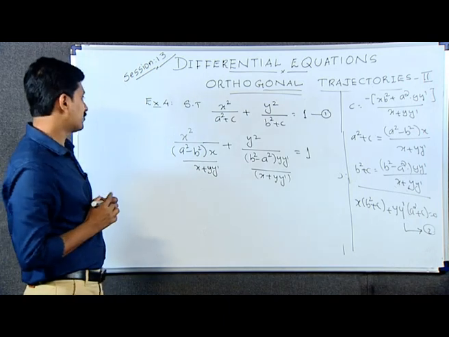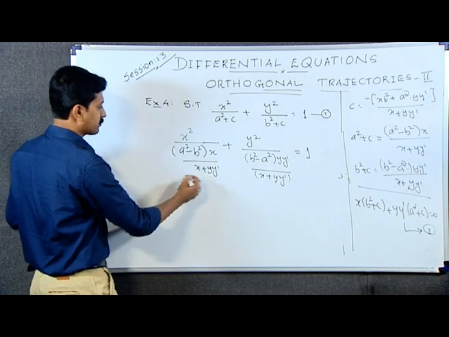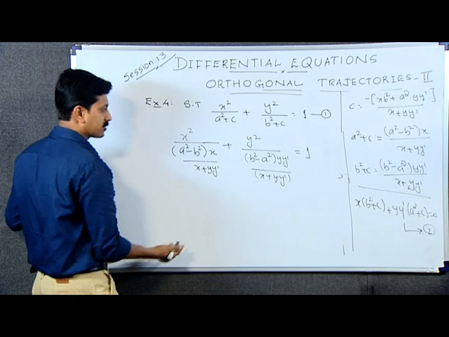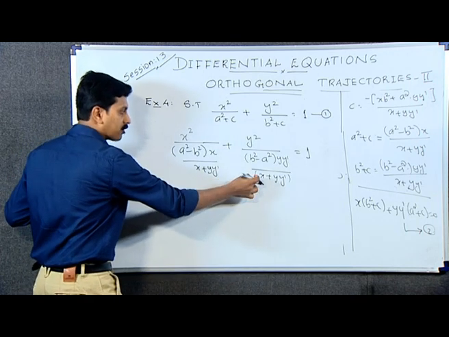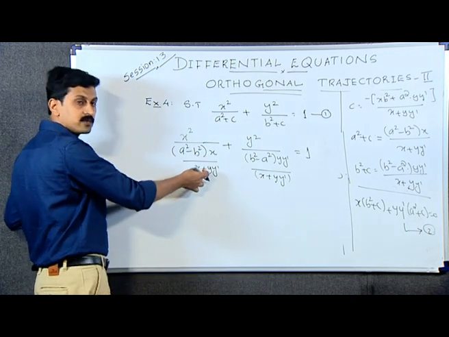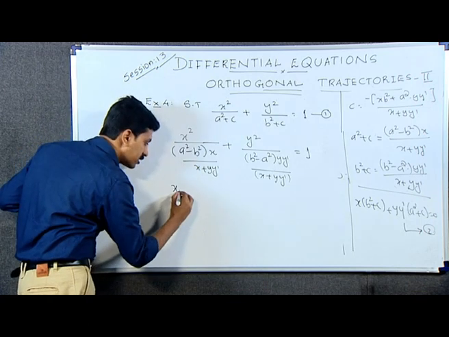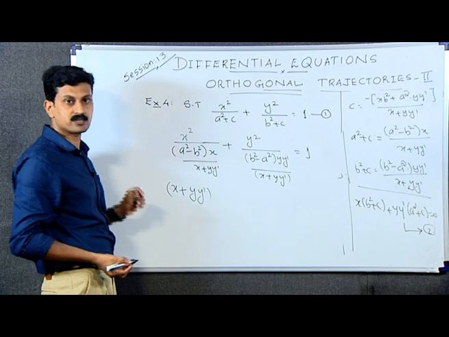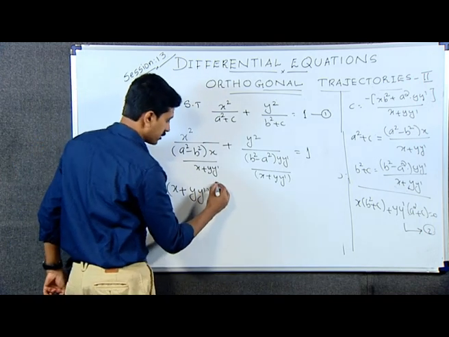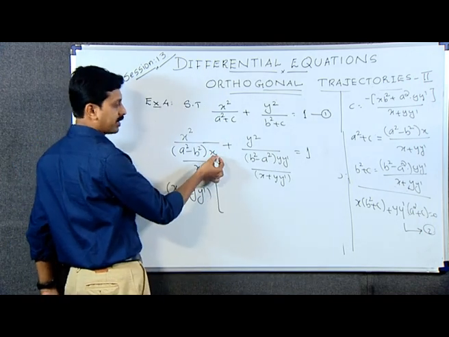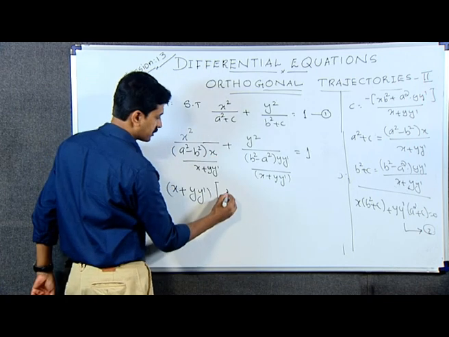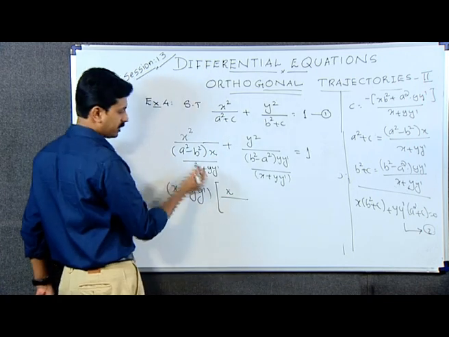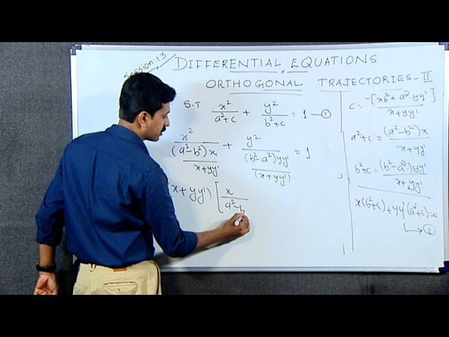See here, I am taking this x plus y dash common on both sides. There is a common denominator, the denominator of the denominator is in the numerator, therefore I can replace x plus y dash in the numerator. I am taking x square by x, so x is there, divided by a square minus b square.